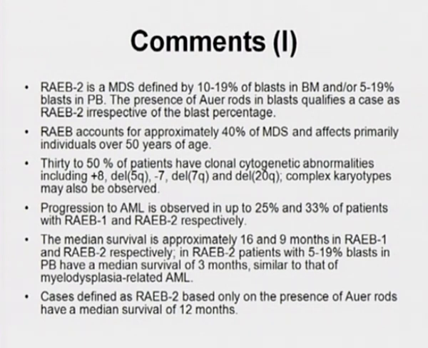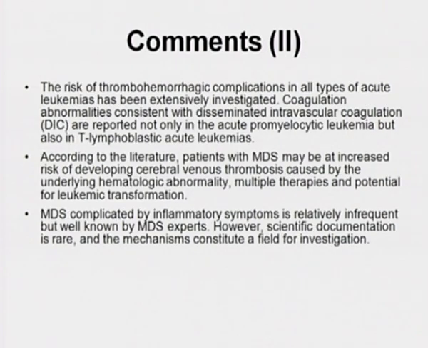stage. This was a history observed from the FAB era, that the presence of iron overload in MDS patients carries a better prognosis compared with the same patients without, and it's confirmed nowadays that cases defined as RAEB2 based only on the presence of Auer rods have an increased median survival.